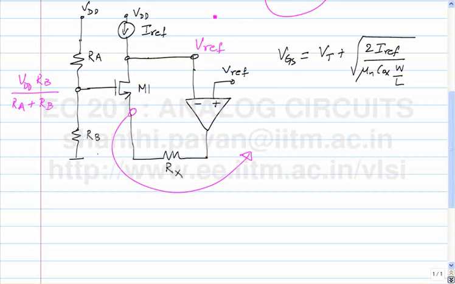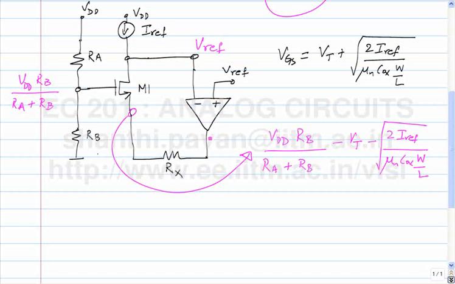What is the potential at the source of the transistor? It is Vg minus Vgs, which is simply VDD times RB by RA plus RB minus Vt minus square root of 2 Iref by mu n Cox W by L.